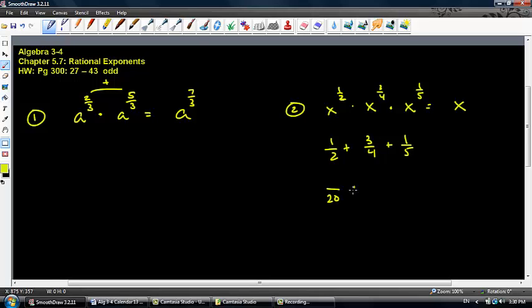And I know that my common denominator is going to be 20. So this is really 10/20, this is really 15 over 20, and this is really 4 over 20. So what I end up getting is 29 over 20, and that is my answer. Whoops, reversed.